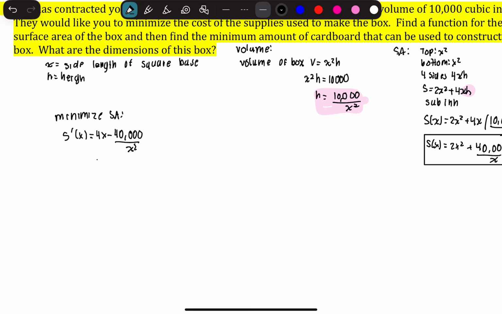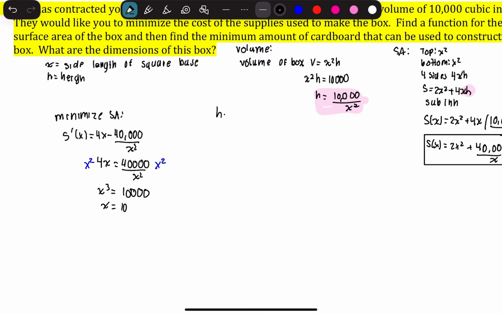Now we want to set this equal to 0. After we set it equal to 0, we add 40,000 divided by x squared to both sides, and we get 4x is equal to 40,000 divided by x squared. Now you multiply both sides by x squared, and you get x cubed is equal to 10,000. And then x is just going to equal 10.